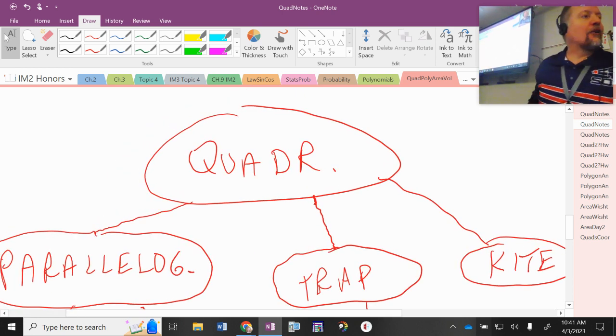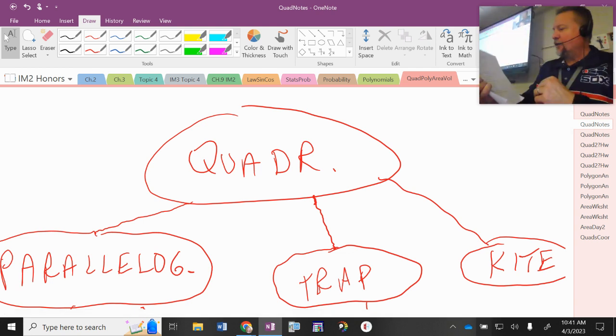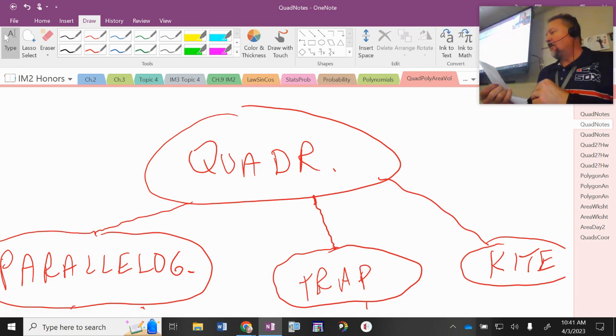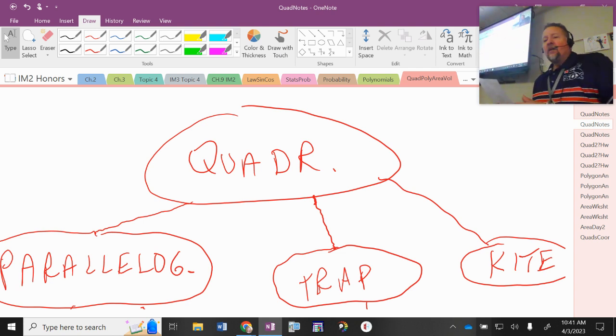Now, if you want to look at your homework real quick, this annoying side says all, some, or no. Sometimes that's always, sometimes, never. Is a kite a trapezoid? Is that a sometimes, never, or always? Never. A kite has no properties that a trapezoid has. Well, there are some similarities, but there are no parallel lines.